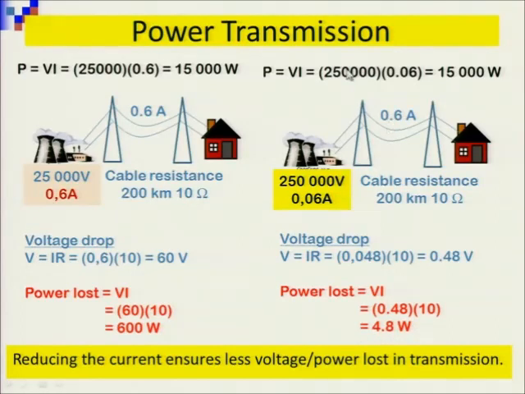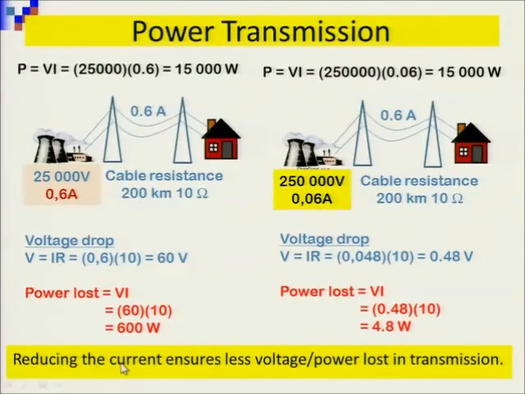Why? Because we are then decreasing the current. Okay, right. So can you see what happens is we step up the voltage, and when we step up the voltage, we actually lower the current. Okay, and then less energy is lost during transmission. Right. There is the actual exact answer.